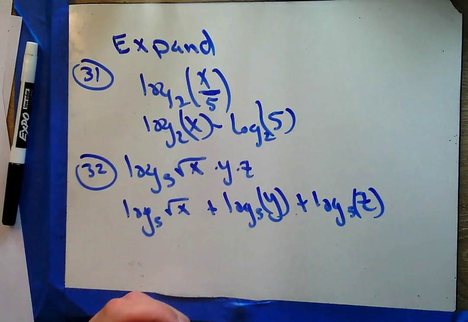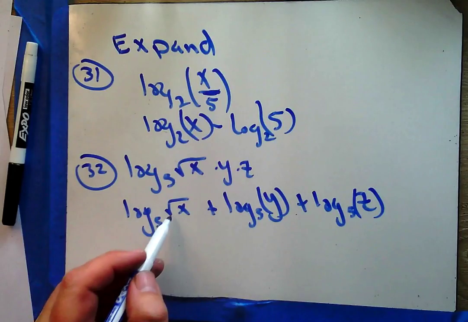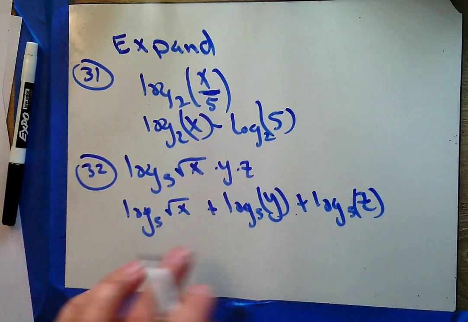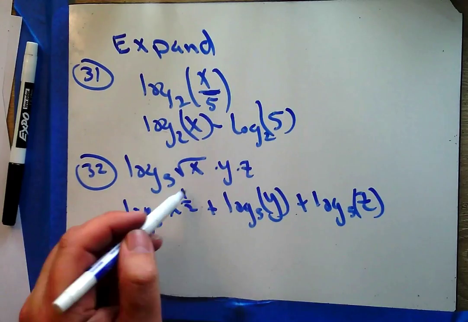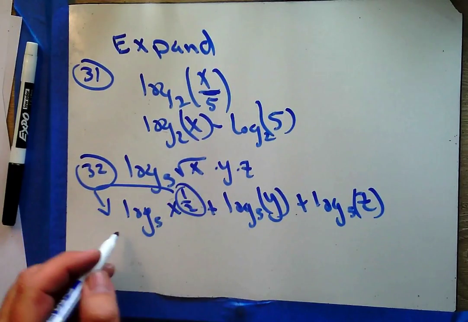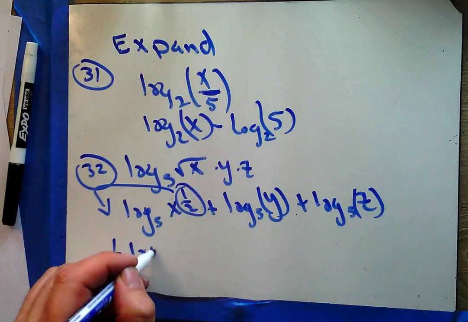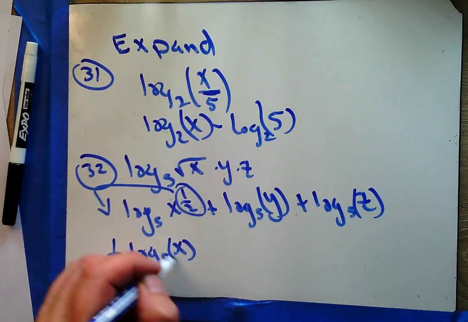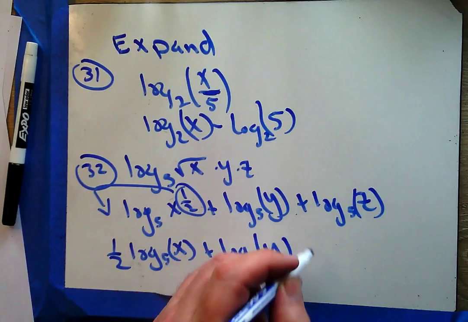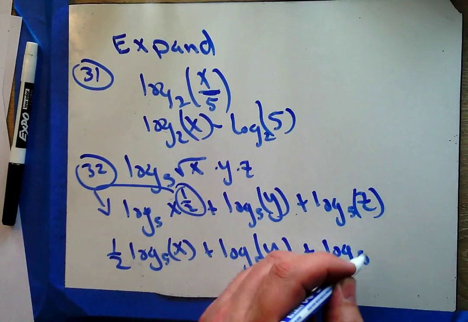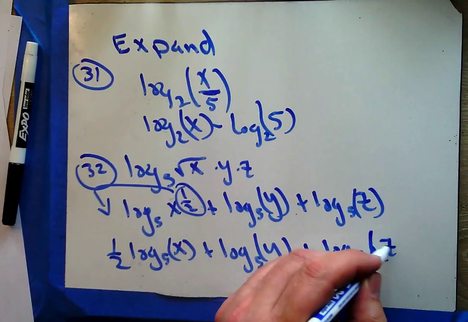And many students stop here, but we're not done yet because we have this exponent to deal with. Remember, square root of x is the same as x to the 1/2. So I have to use that power rule and bring it out in front. 1/2 log base 5 of x plus log base 5 of y plus log base 5 of z.